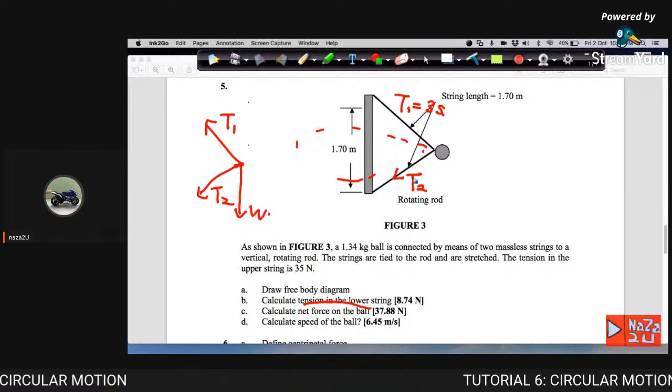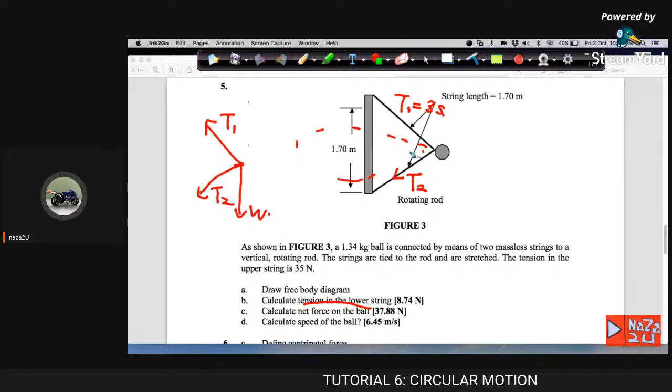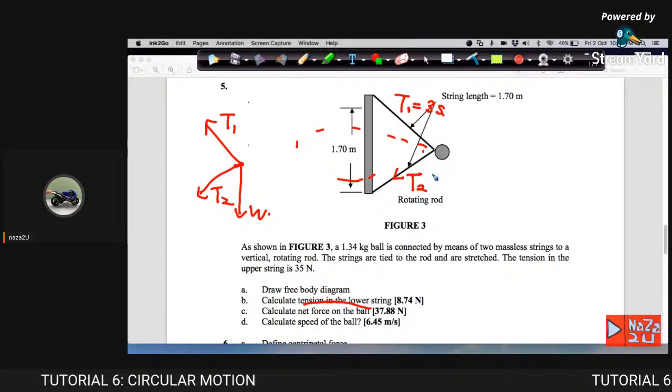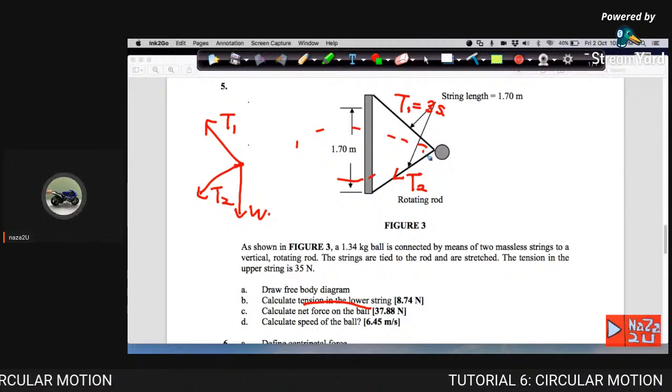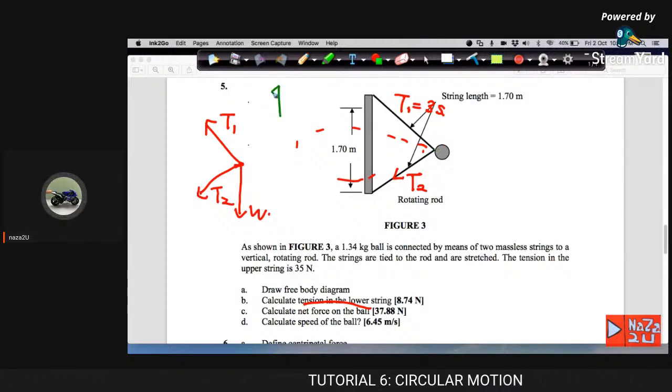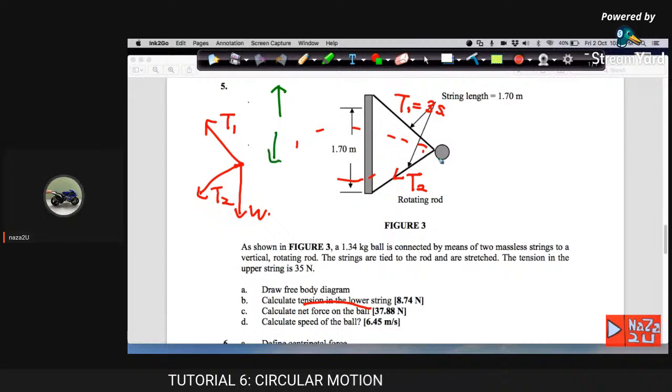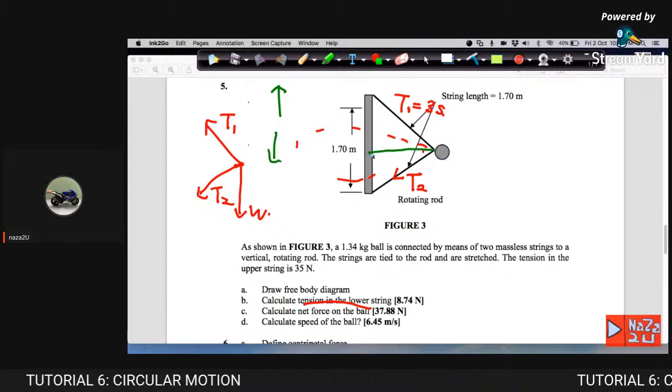To calculate T2, because this is static, it is not moving upward or downward. So if you refer to the vertical forces, upward or downward, you can use a triangle here.